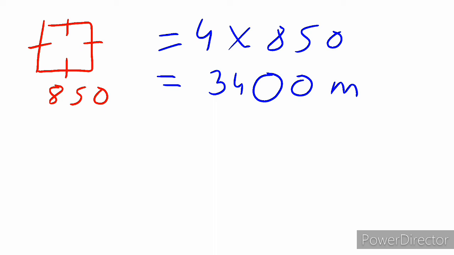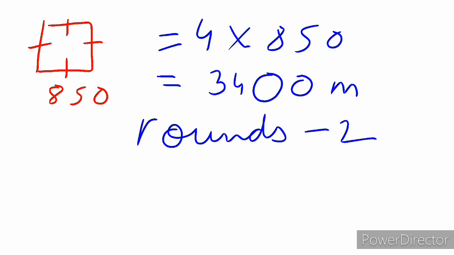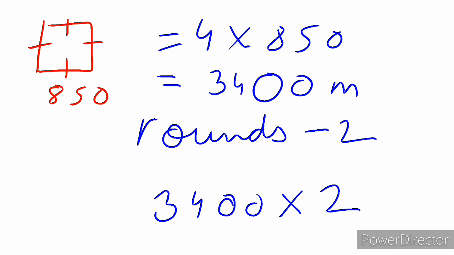How many rounds are taken? Rounds are 2. So we have to multiply 3400 with 2. Then after multiplying, the answer will be 6800 meters, right?